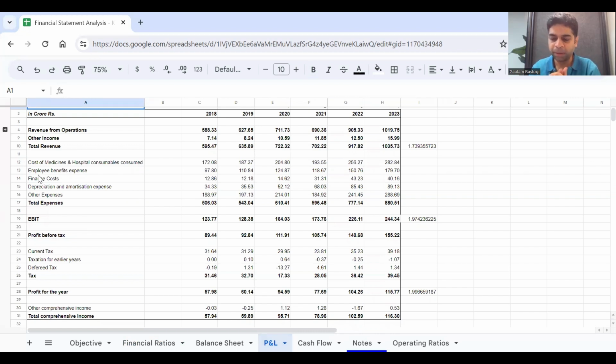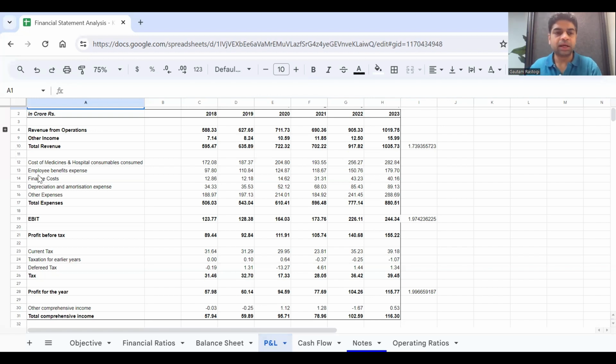You still have to pay your doctors and nurses even if you have a lower footfall of patients. The second fixed cost really is the maintenance of all the equipment in the hospitals, and obviously there are other fixed cost elements as well. So this industry is a high fixed cost industry.